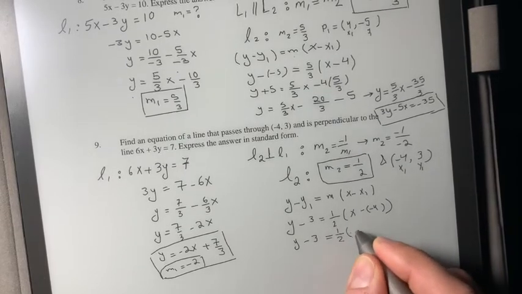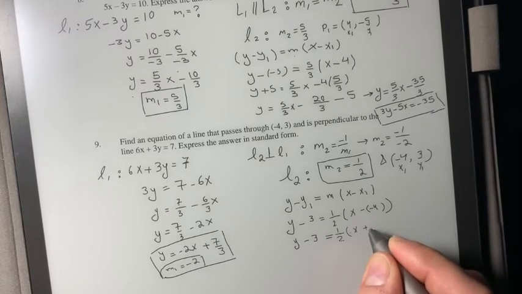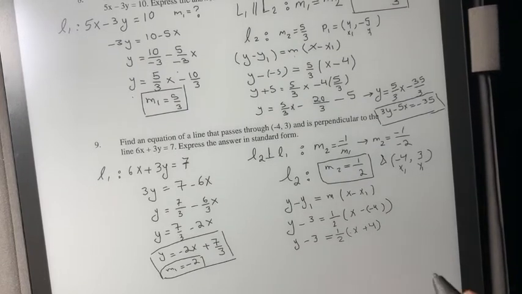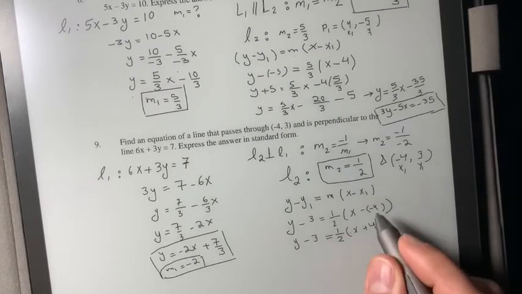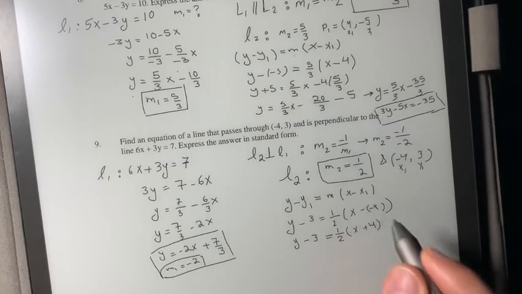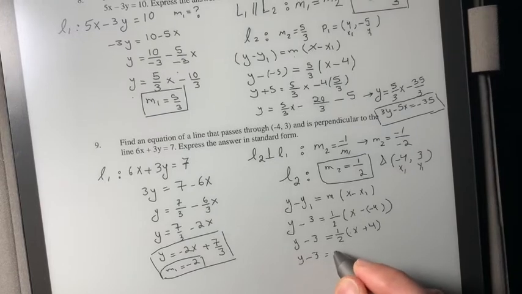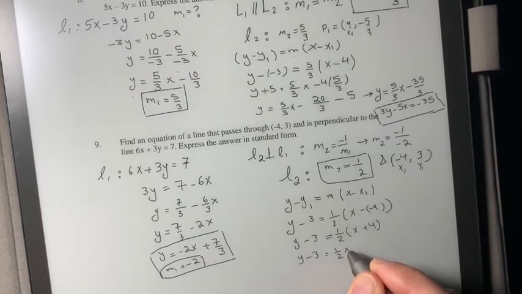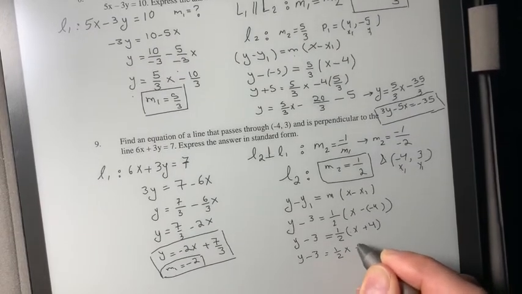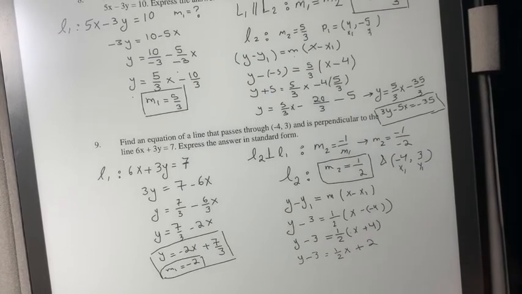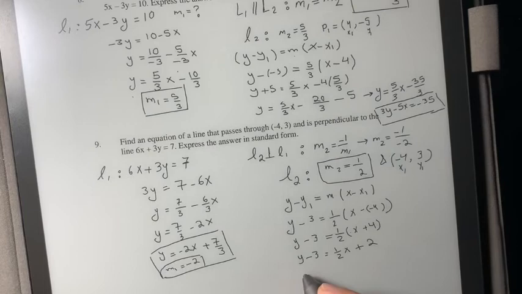So you can do 1 over 2 plus 4. Okay, that is because I wanted to first make it positive. So y minus 3 is equal to 1 over 2x plus 4 multiplied by 1 over 2, which is 2, right?